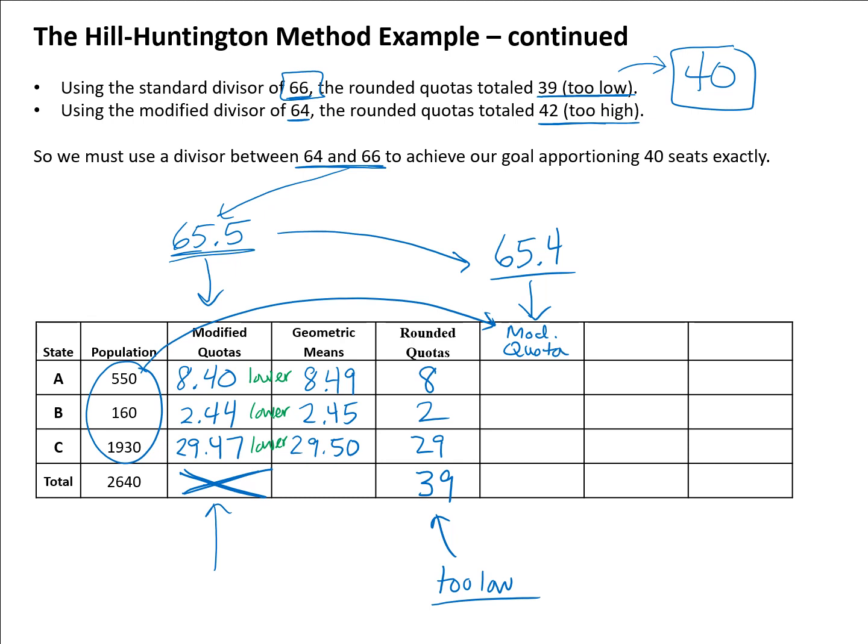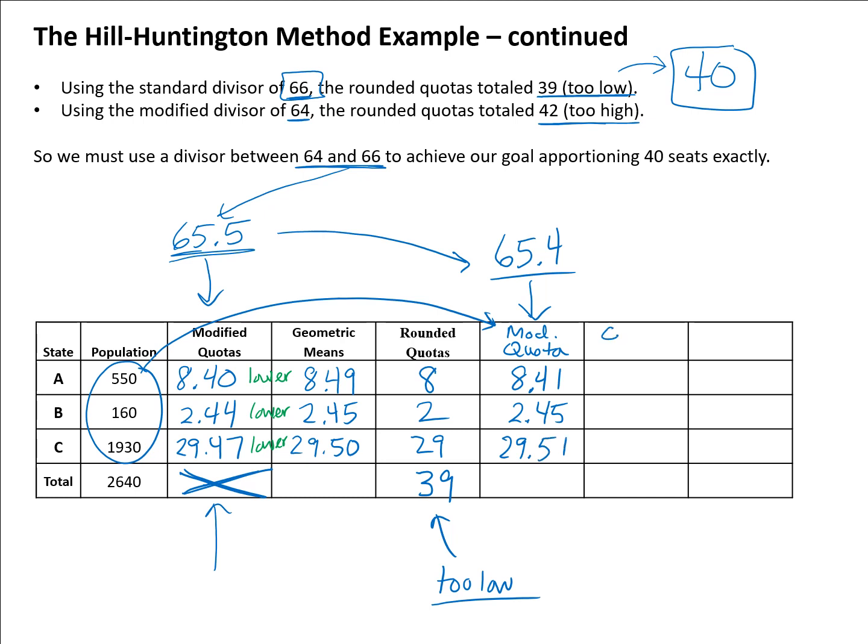So 550 divided by 65.4 gives me 8.41. 160 for state B divided by 65.4 gives me 2.45. 1,930 for state C's population, when I divide it by 65.4, gives me 29.51.